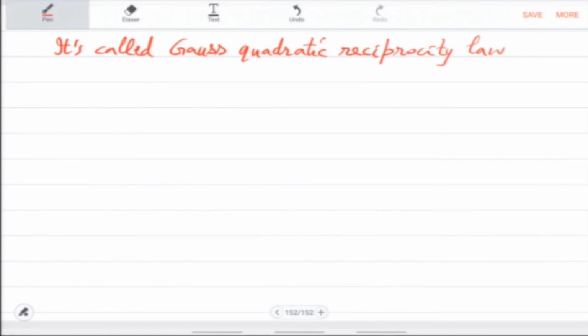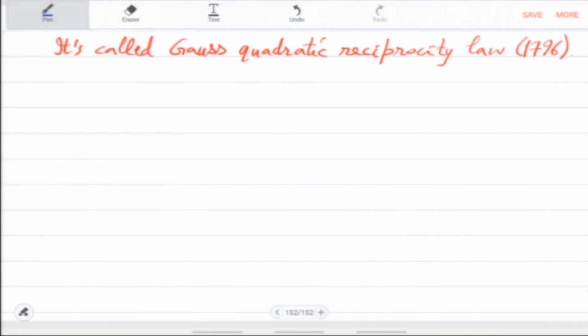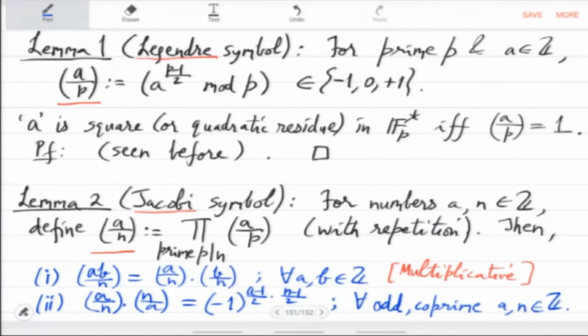Gauss proved it in 1796. So these are the two major properties of the Jacobi symbol. It is multiplicative and it satisfies the reciprocity law.